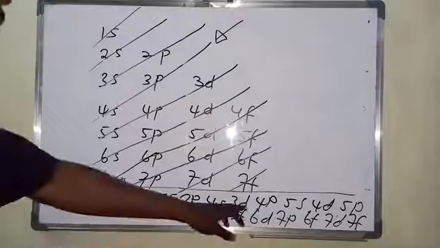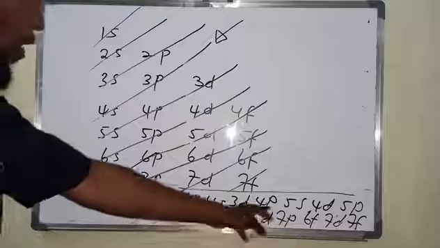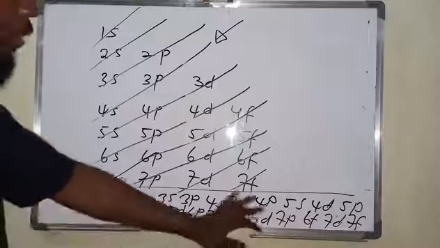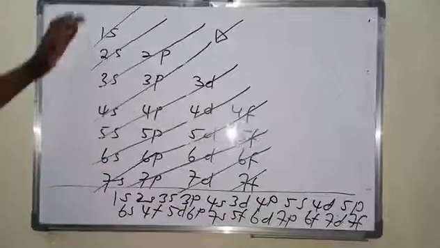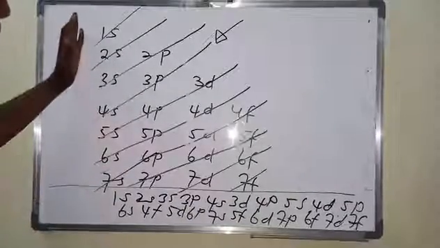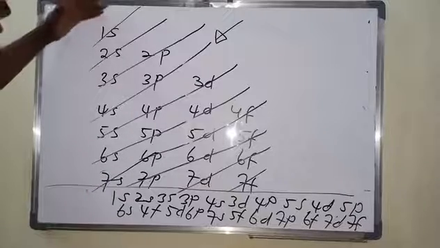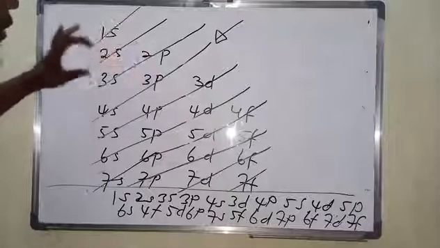If you follow this arrangement for the element with atomic number 25, this is how it goes to have 3D before 4P. So if you can remember this, or if you can actually get this from here, you write this from 1 to 7. The first energy level has only 1s, the second 2s and 2p, and the third 3s, 3p, 3d.